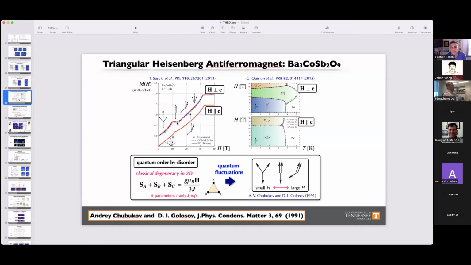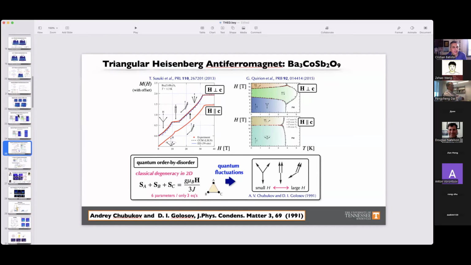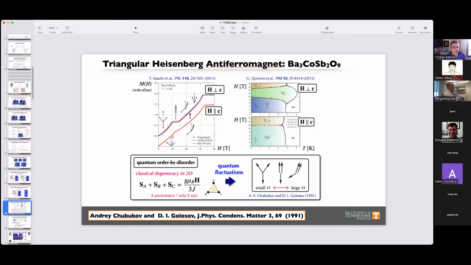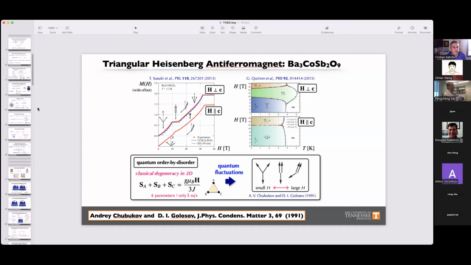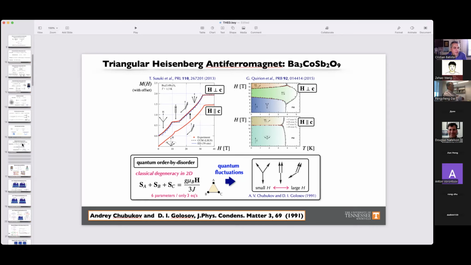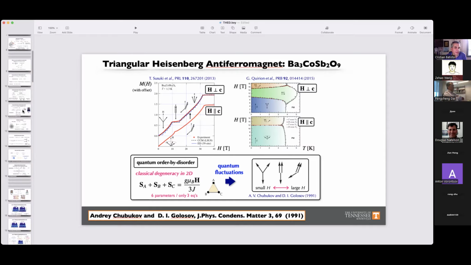What controls that is basically the size of the gap in the middle of the plateau, and that gap is determined by these interaction terms.